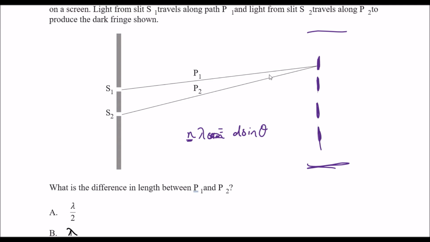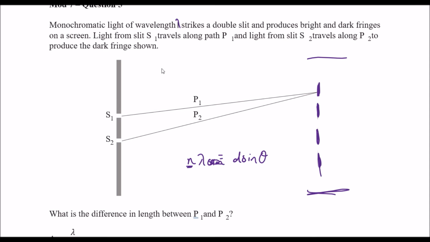We are looking at a bright band. Let's see, are we producing a bright band or dark band? Light from slit 1, pathway 1, slit 2 to produce the dark fringe shown. Okay, I just had to look at the original image again.